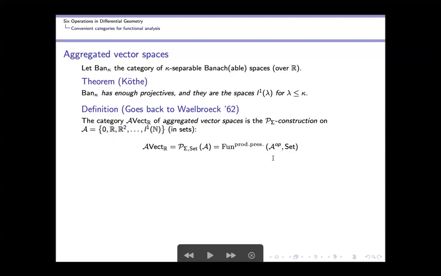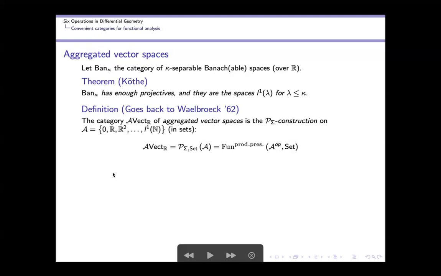So it's going to be product preserving functors on this category that I denote here A. If you were to take this category A and remove this one object, so you would just have all the finite dimensional vector spaces, then taking the P sigma construction would just give you back the category of R vector spaces.